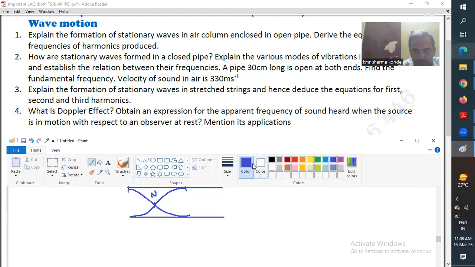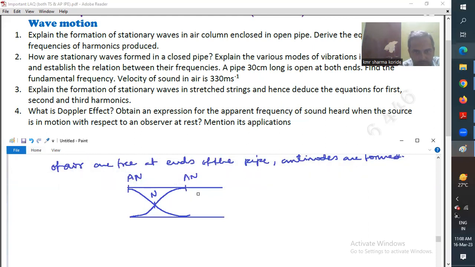This is case 1. The stationary wave is formed in the open pipe.